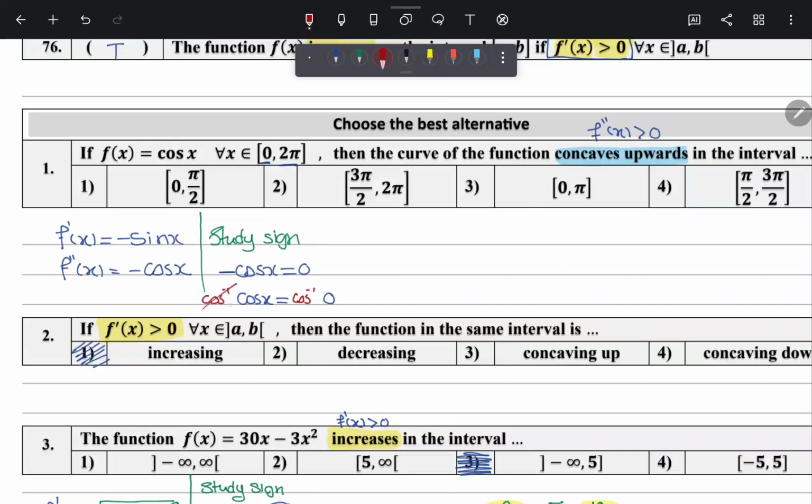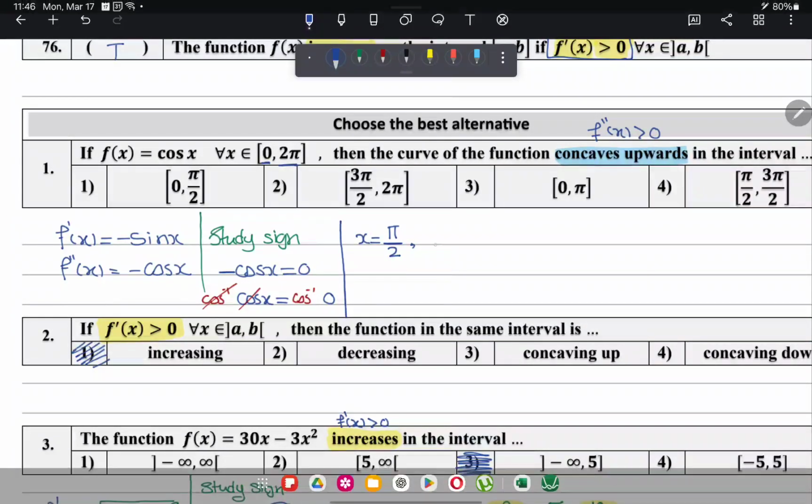Cosine inverse 0. What is cosine inverse 0? What is the angle that gives you 0 in the cosine? 90, and what else? 270, which is 3 pi over 2.